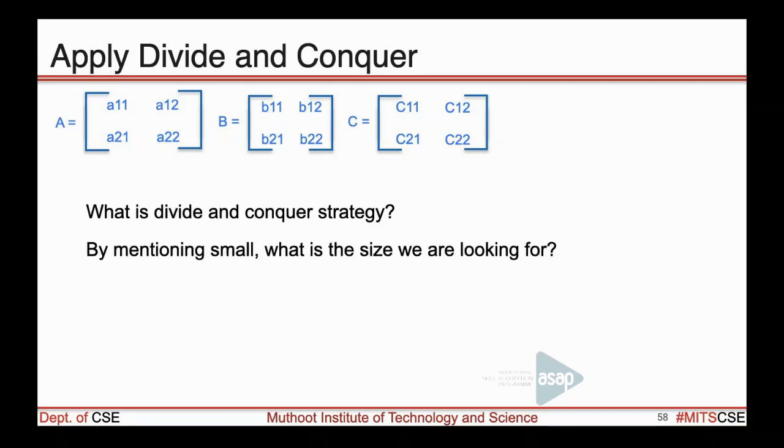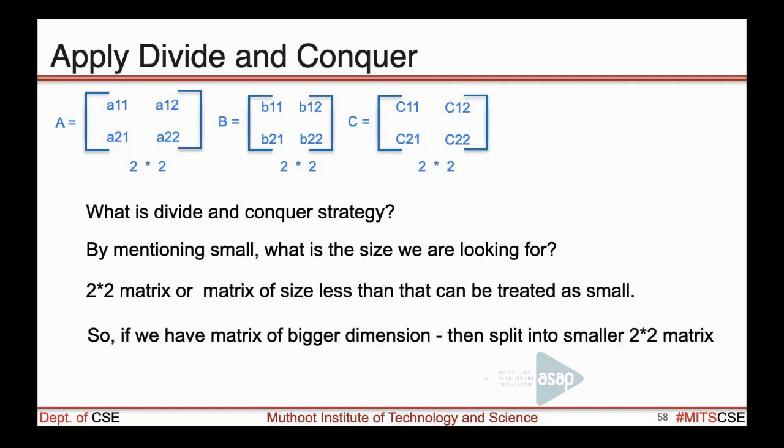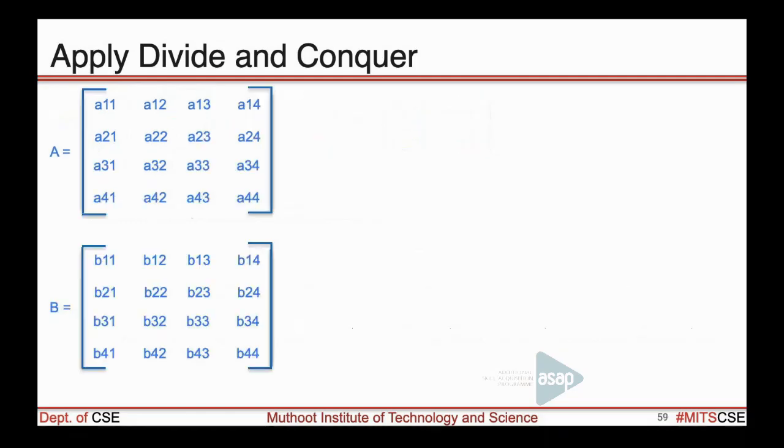It means we need to divide the problem into small sub-problems. By small, what size are we looking for? We are looking for matrices of size 2 by 2 or less. What happens if we have a matrix of larger size? Then we have to split the matrix in order to make it 2 by 2 or less. Let's see how the process works.